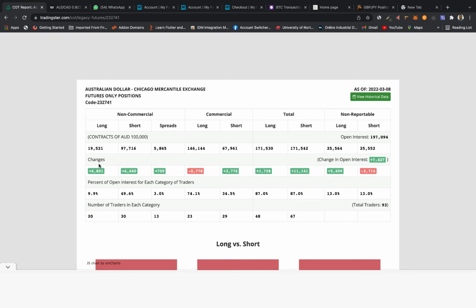Even though the longs open on the Australian dollar is 19,521, it is an increase of about 6,801 units from last week, compared to the shorts, which also had an increase but a lesser one of 6,660. So this tells me that this week the Australian dollar has gained some strength. More of it is being bought than being shorted.